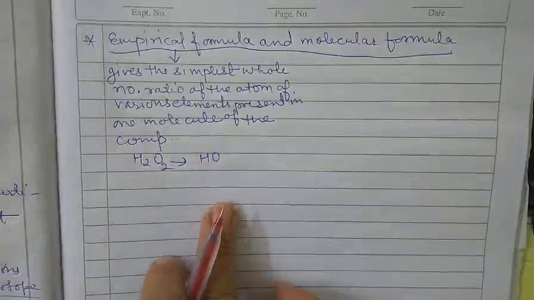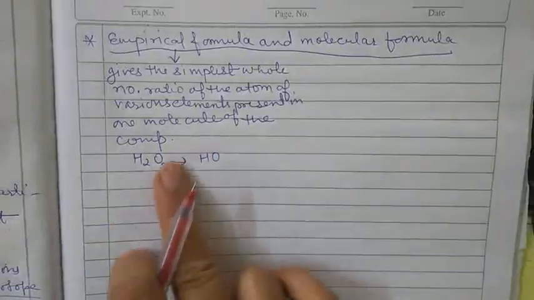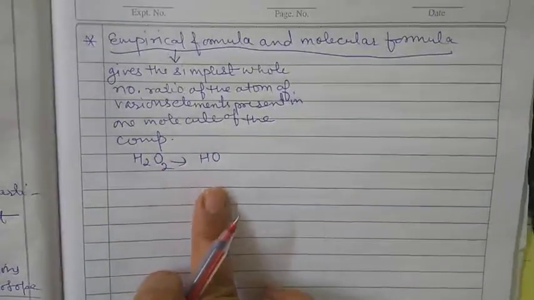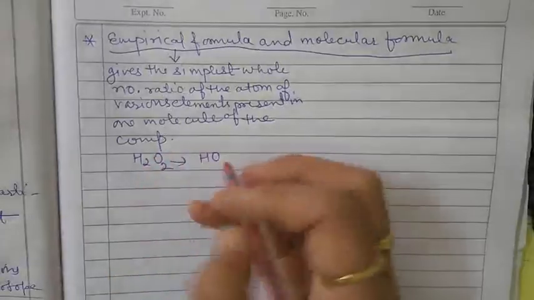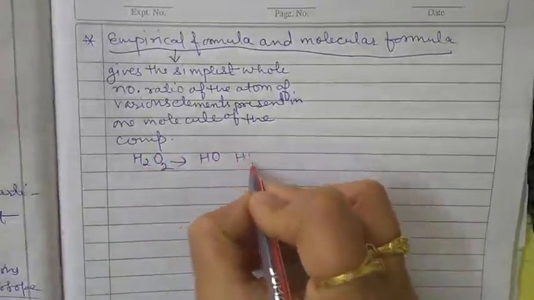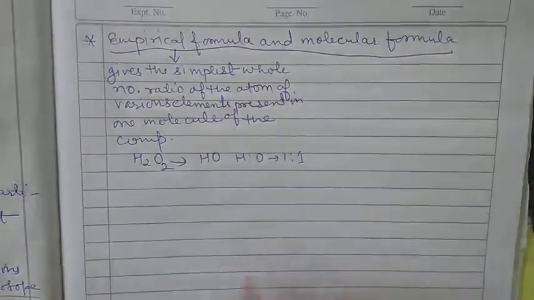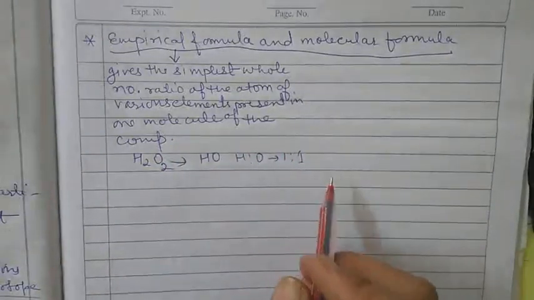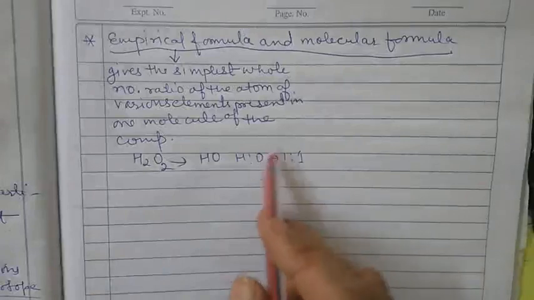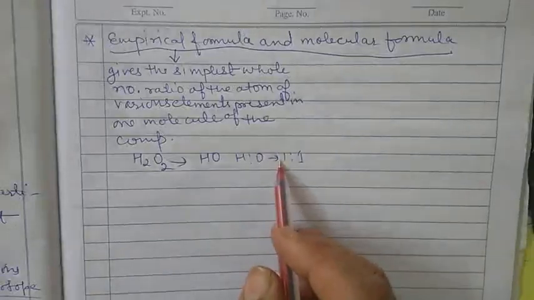It represents that hydrogen and oxygen are present in a ratio of 1:1 in hydrogen peroxide. Clear?